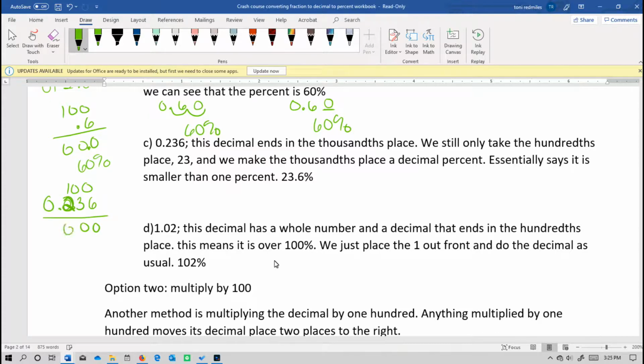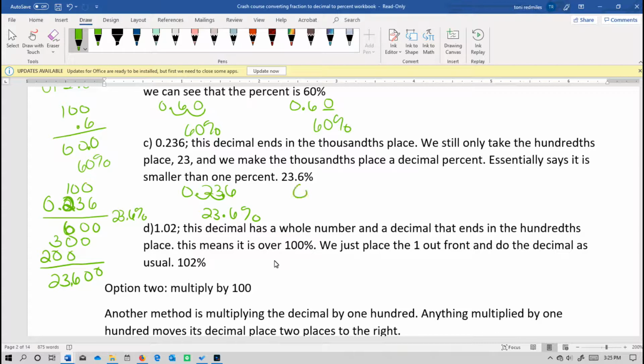I need three place values, and it's 23.6%. Another way I could do it is just move that decimal point two places to the right. And the answer is 23.6%.